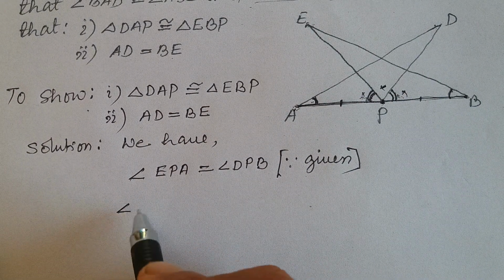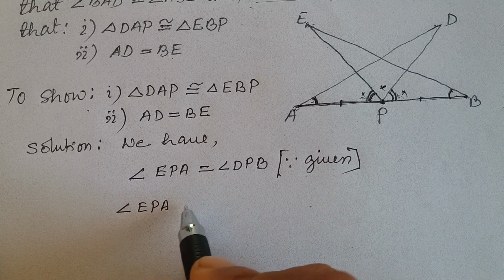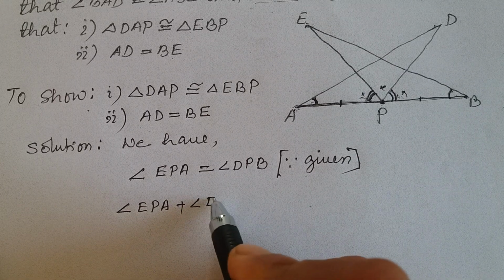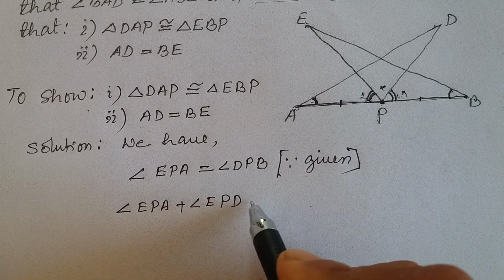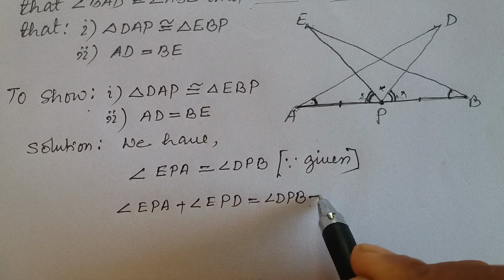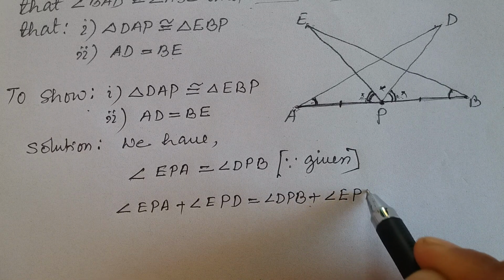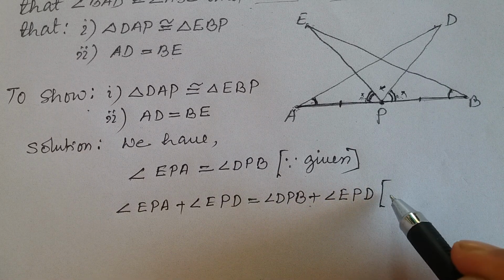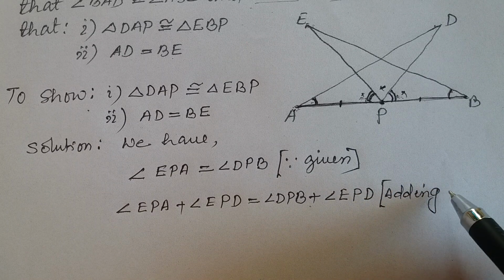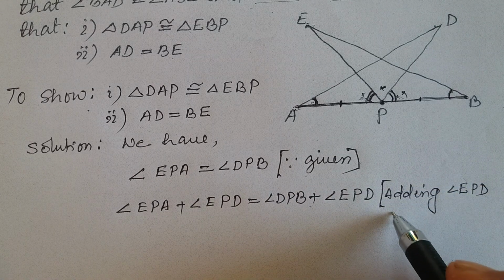Angle EPA plus angle EPD is equal to angle DPB plus angle EPD, adding angle EPD on both sides.